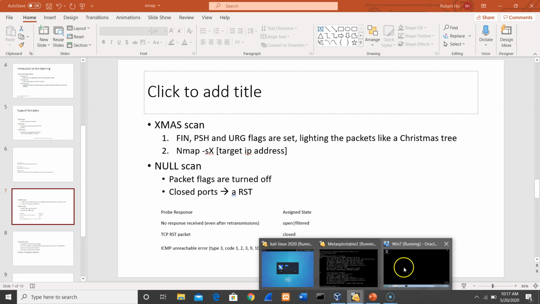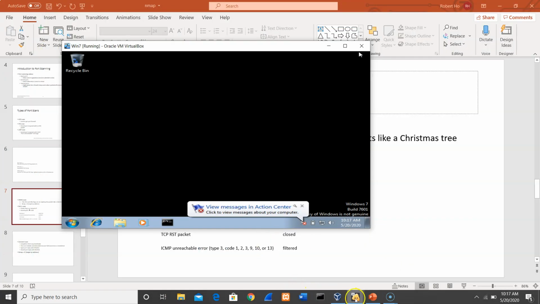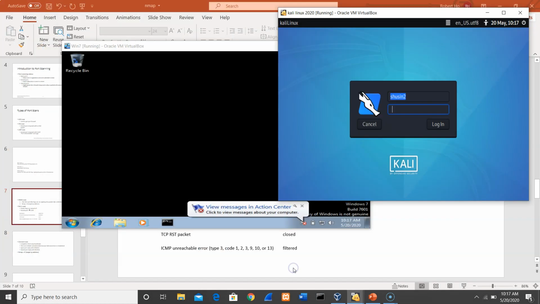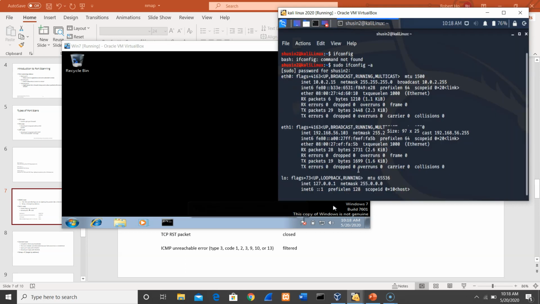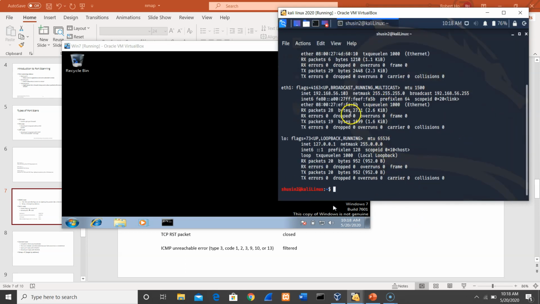Here I have Kali Linux, right? I'm going to run a Christmas scan here. Here is my Kali, .103.